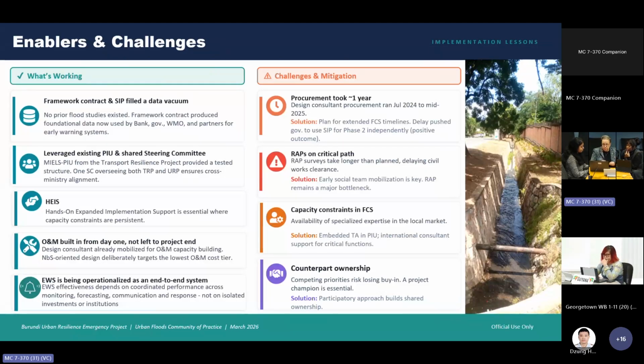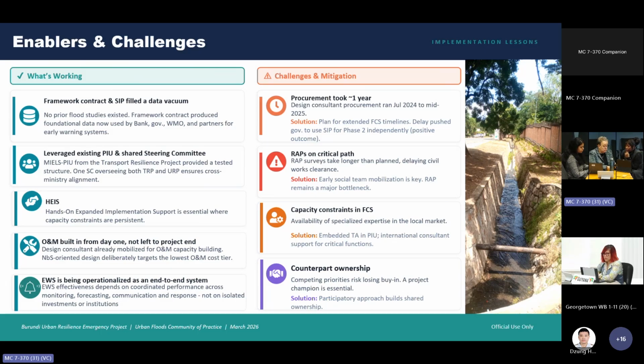One of the key constraints, of course, that the project is facing is the availability of specialized experts in the local markets. And to help mitigate that, we have embedded technical assistance in the PIU, international consultants for the support of critical functions. So, for example, the PIU has now engaged a consulting firm that is helping to build its risk-informed land use planning capacity, but also in terms of the design of O&M.